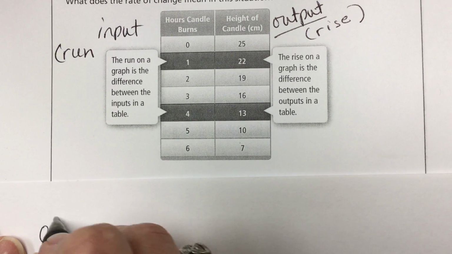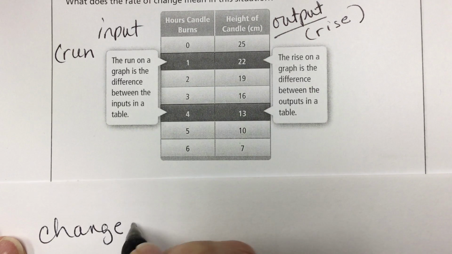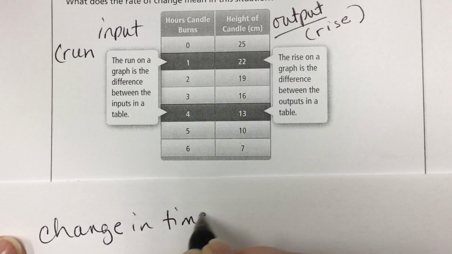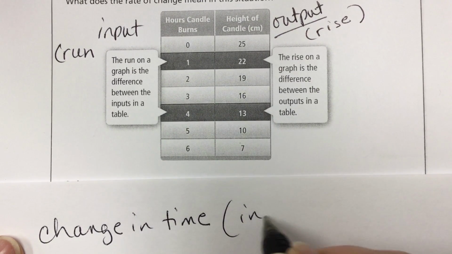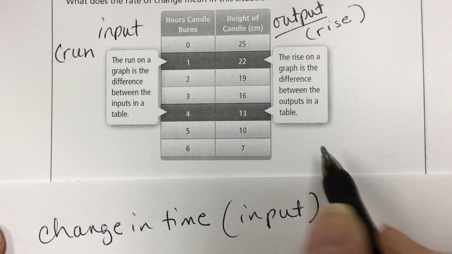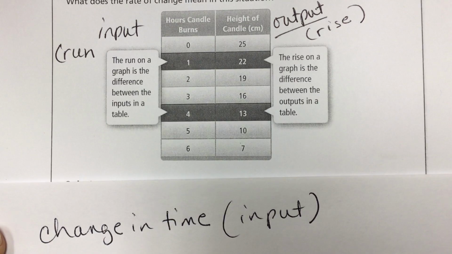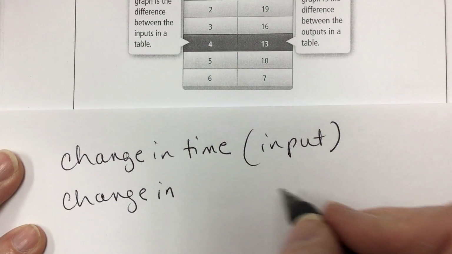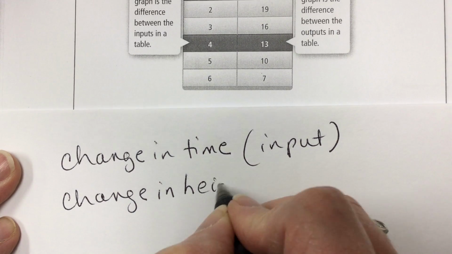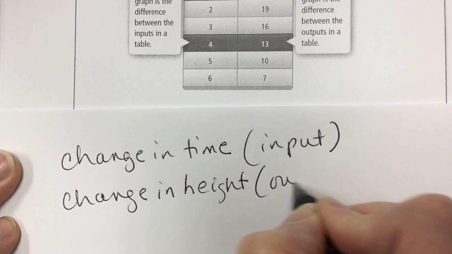So the change in time is your input. The change in height is your output.